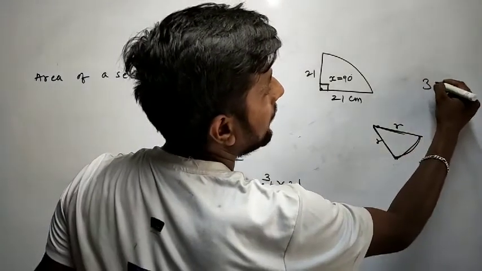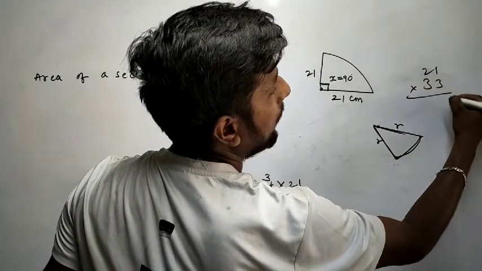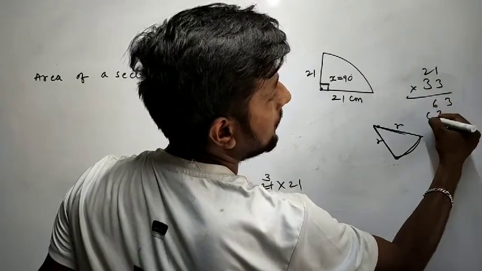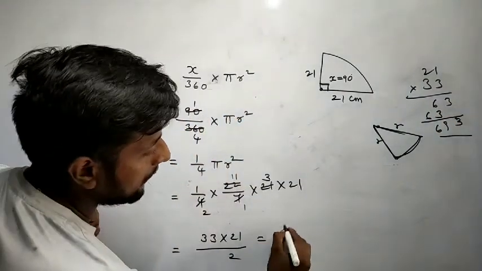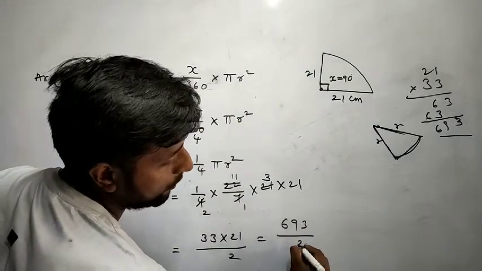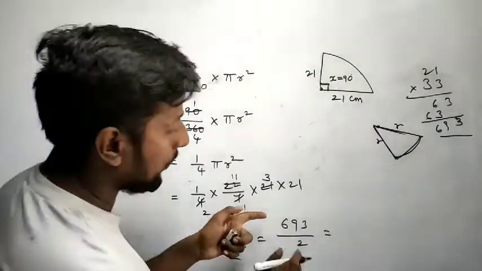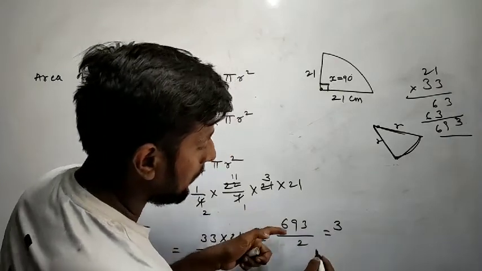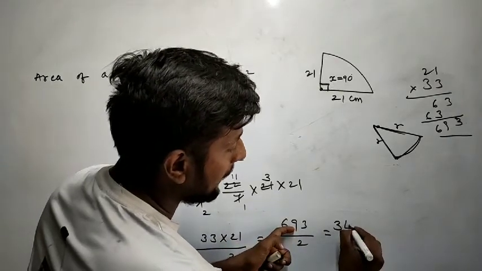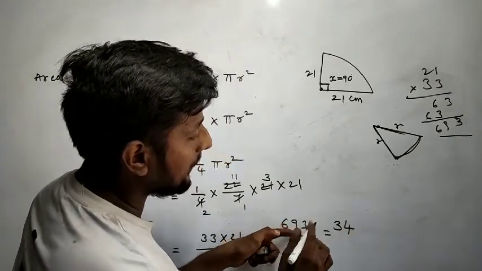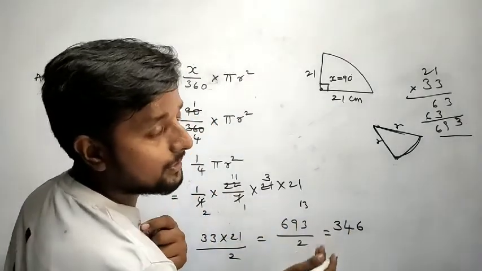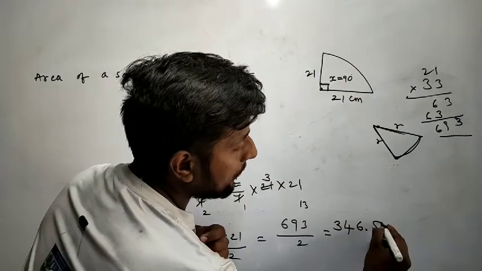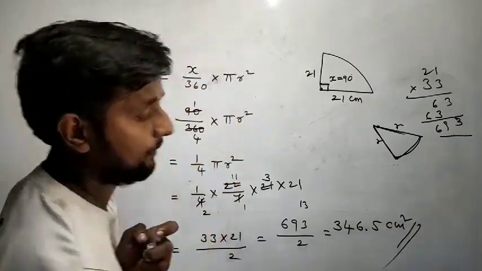Same, 33 into 21 is 693. So simply I'll write 693/2. Now just make it half. 6 half is 3, 9, 2 4s are 8, 13 left. 6 2s are 12, 1 left, 0.5. So the answer is 346.5 centimeter square.